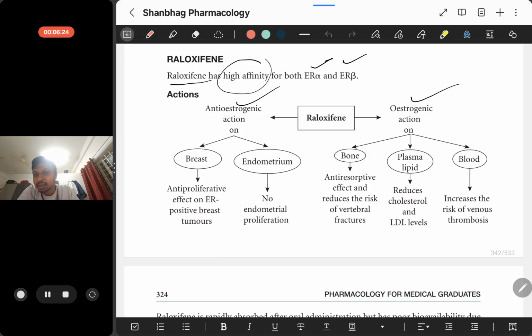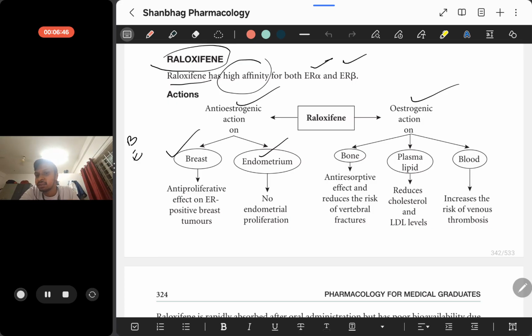But here things change. Tamoxifen has the anti-estrogenic action on the breast, but not on the endometrium. Here it acts on the endometrium. So we need to remember raloxifene acts on the breast and the endometrium.